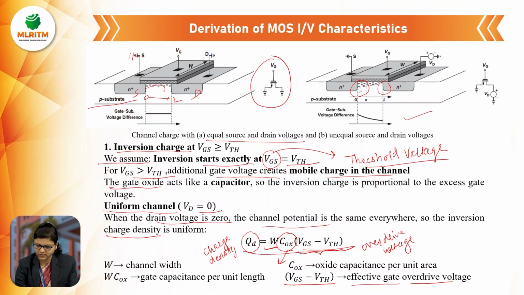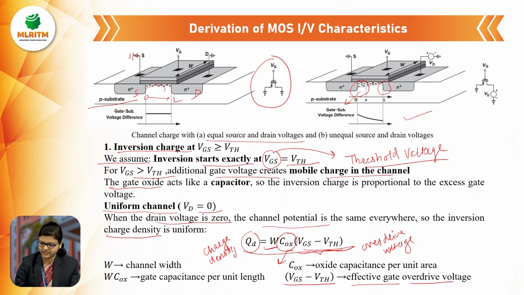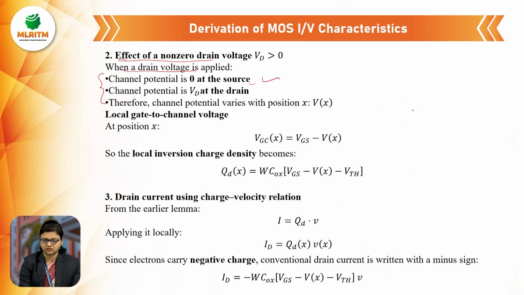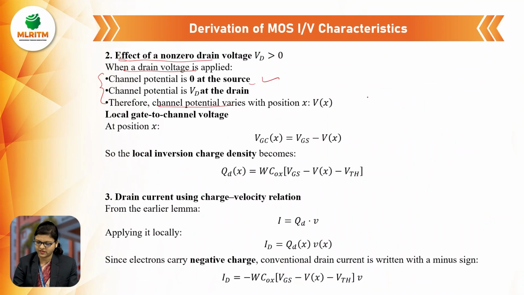Towards the source, the channel potential will be 0, and towards the drain, the channel potential will be VD. So the channel potential varies with position x, from 0 to L, because we are considering the length of the channel to be L.